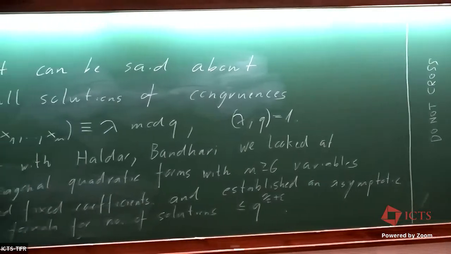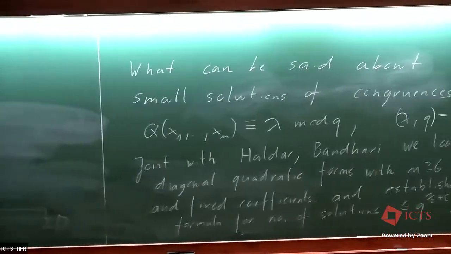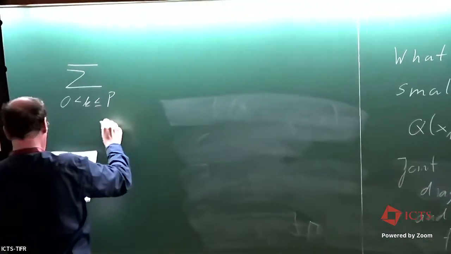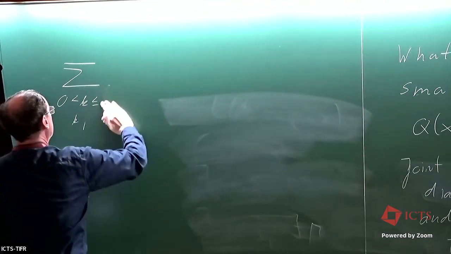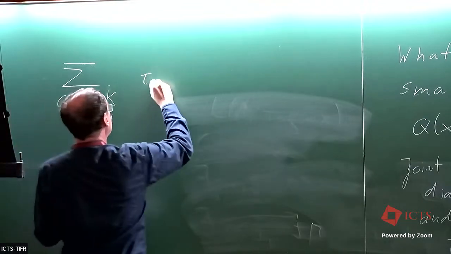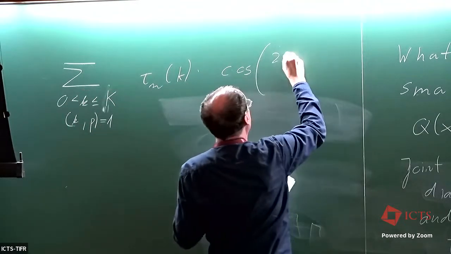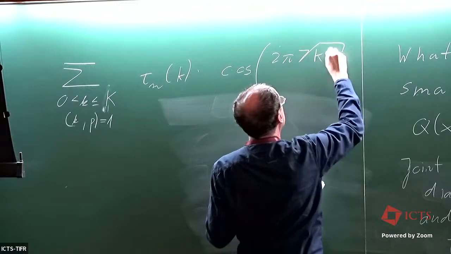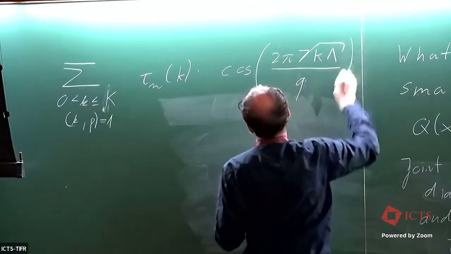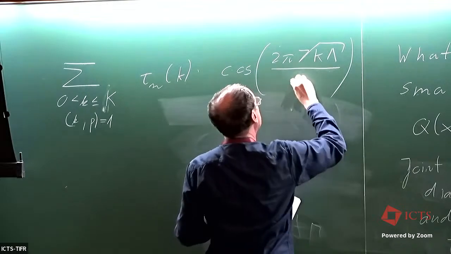It's the zero frequency. And for the error term, you are then led to sums of that form: k less or equal p, k coprime to p, tau_n(k), cosine of 2 pi times the square root of k, divided by the modulus q, essentially, or divisors of the modulus, so p to the s.